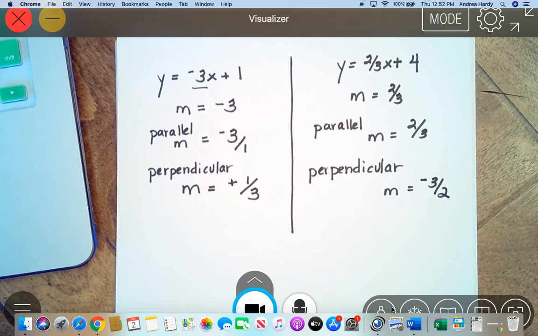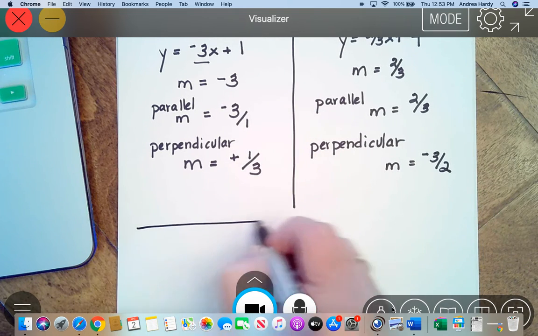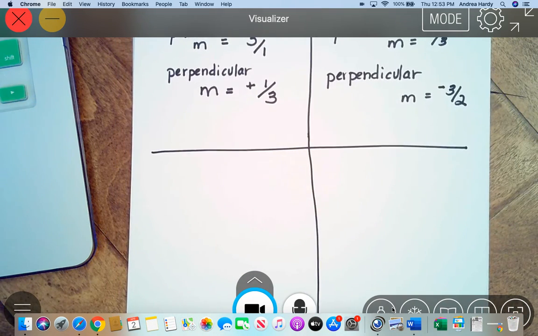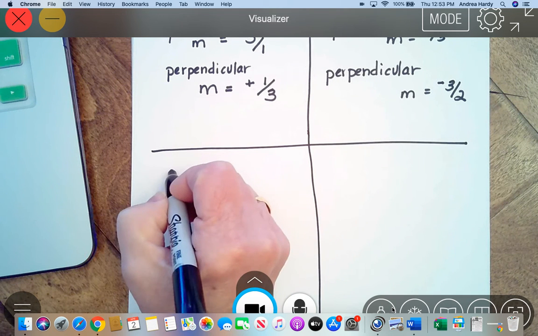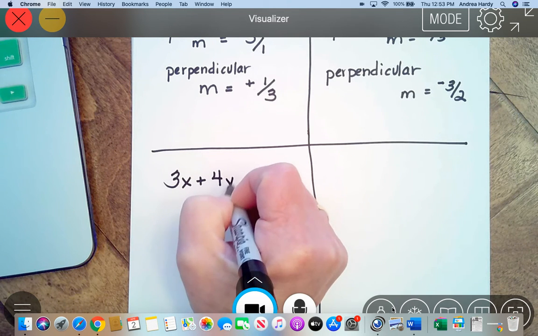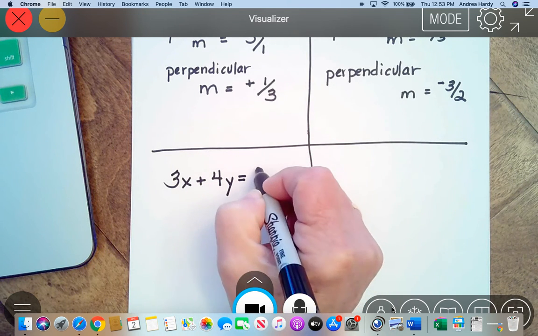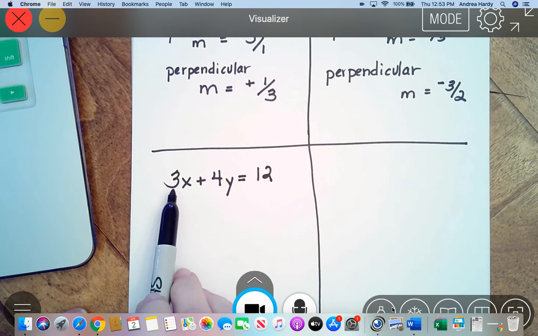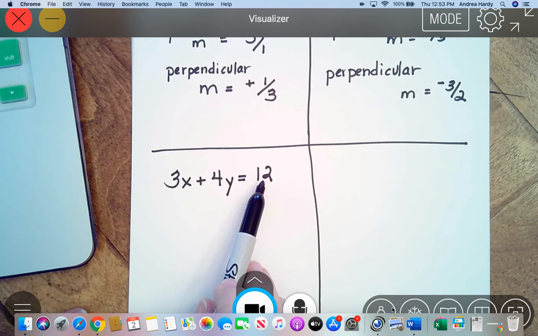I'm going to give you one more example. My example here is 3x plus 4y is equal to 12. Now, this is an equation of a line that is in standard form. Remember that. Ax plus by is equal to c.